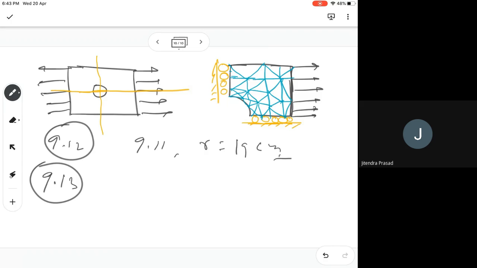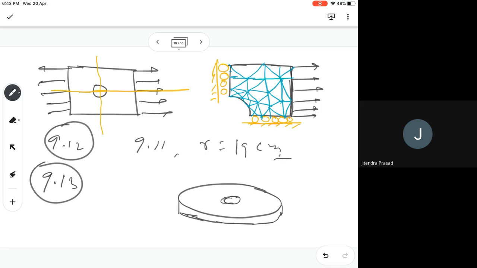But here, what is the meaning of the axisymmetric problem, right? Actually some picture is also given. So axisymmetric is like this. You know the cylindrical system, which can be something like this.